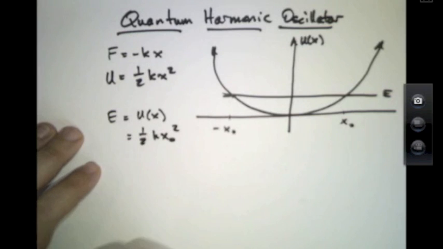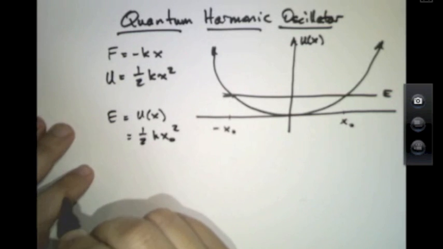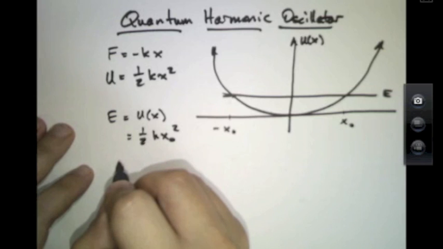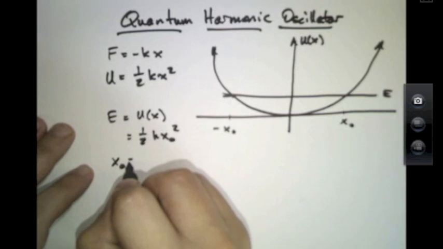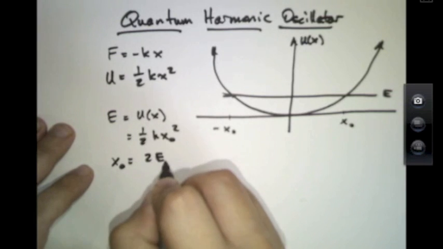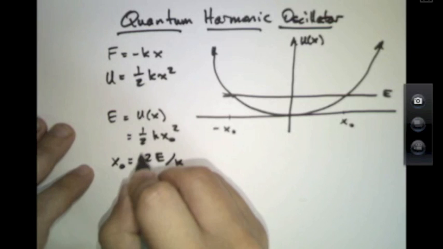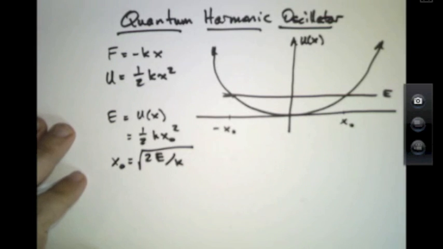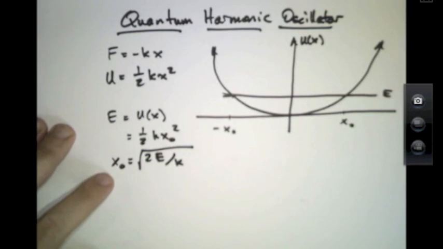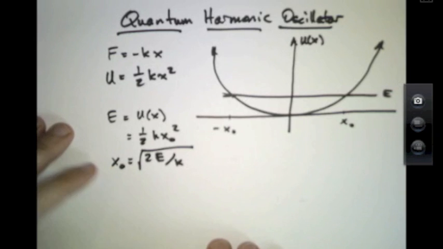So at these two locations, these classical turning points are square root of 2 times E over the spring constant K.